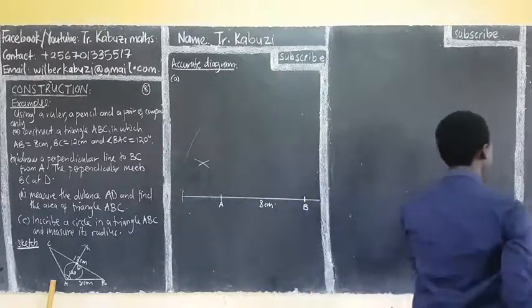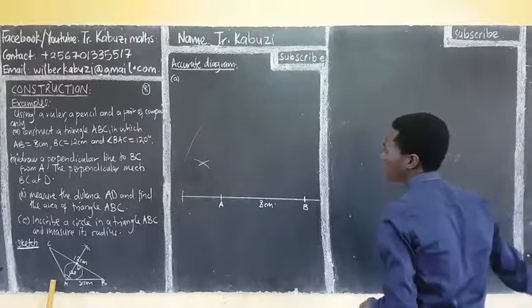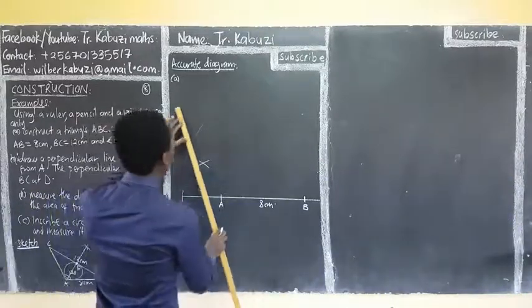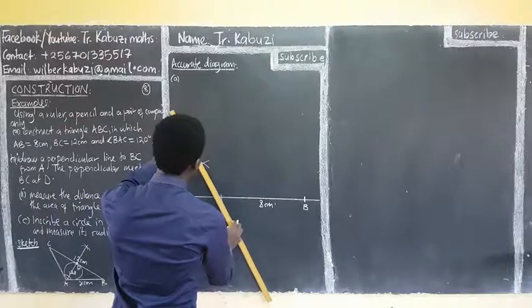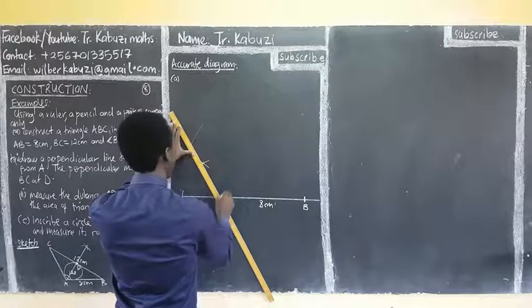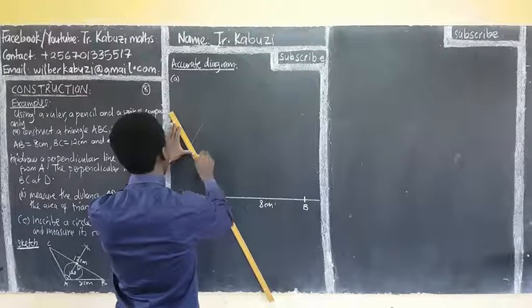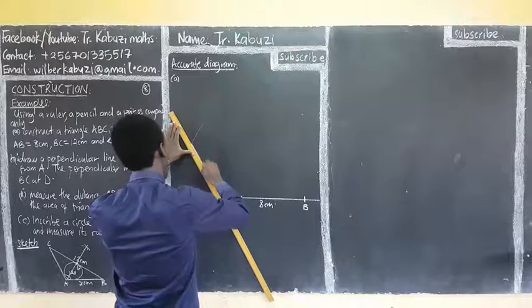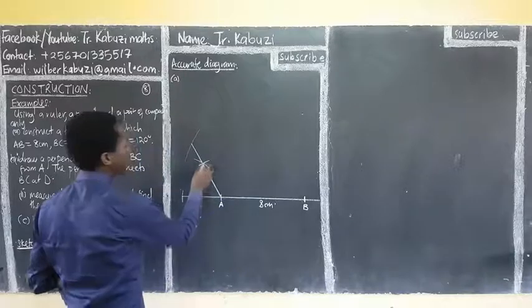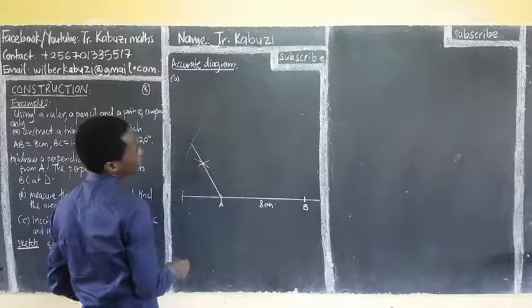So if I am constructing, I should keep that in mind. These are going to be my 12 centimeters. The line I'm constructing shouldn't go beyond that, because that's where my 12 centimeters end. Then I construct like this, passing through the middle of those two.